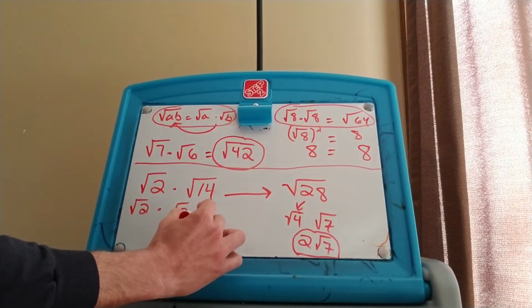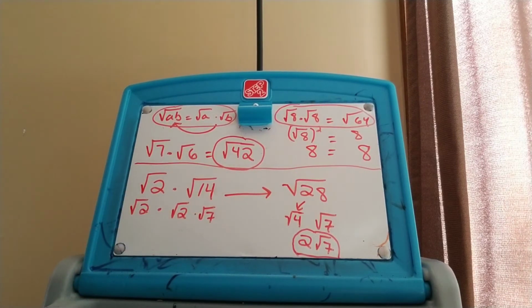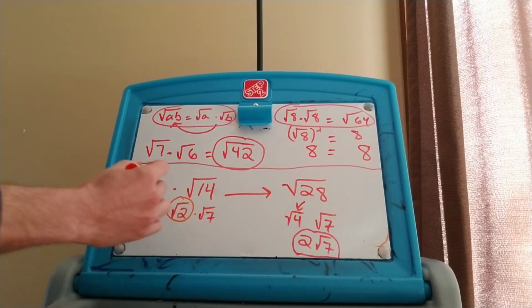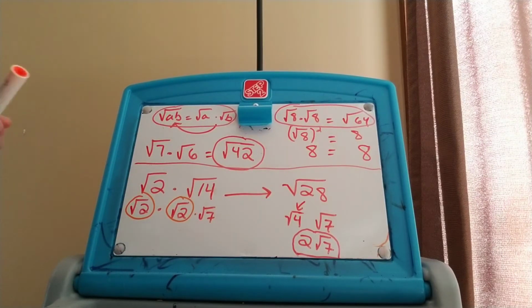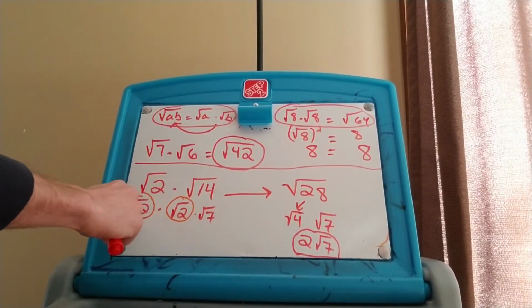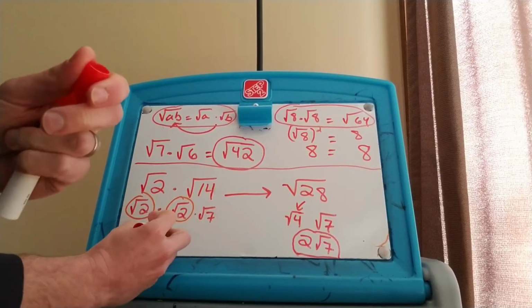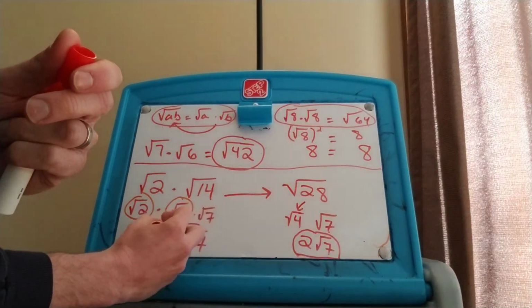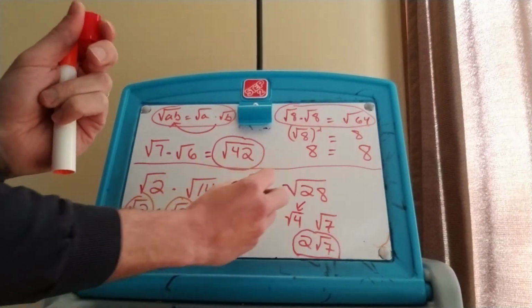And maybe you're thinking, why would I want to do that? Well, look at that. If you rewrite it like that, I have the square root of 2 times the square root of 2. I can put that together. That's the square root of 2 squared, kind of like how we talked about up here. The square roots and the squaring, multiplying by itself, that's going to cancel out. And you can get 2 rad 7 that way. So same problem, same answer, just two different ways of looking at it.